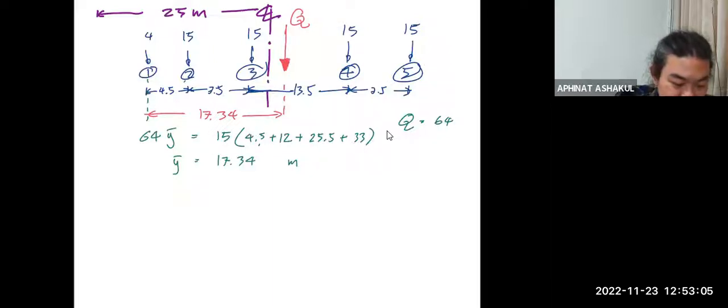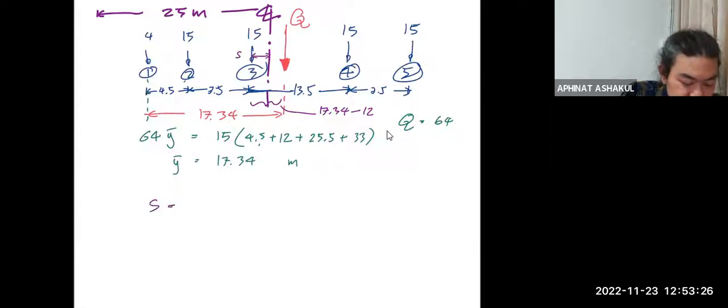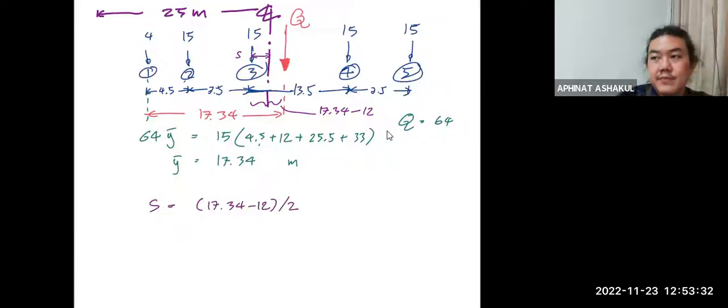So this here is 17.34 minus 12. And therefore, this S is 17.34 minus 12 over 2.